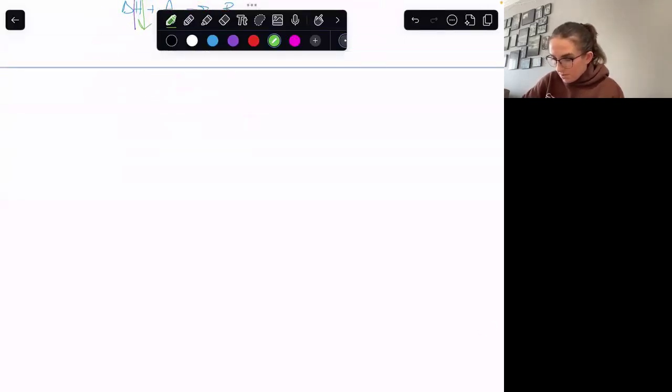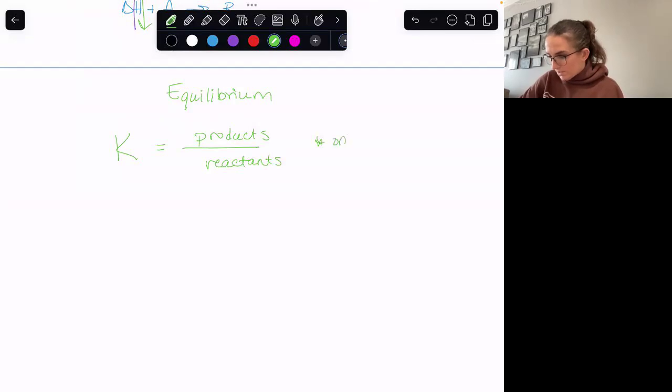17 is equilibrium, yeah. So for 17, right, this is equilibrium. So this is big K, right? Big K is products over reactants. We can only have gases or aqueous solutions in our equilibrium constant.